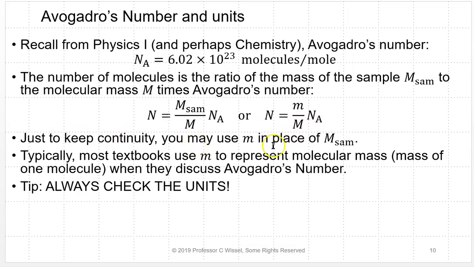Just to keep continuity, you may use little m in place of MSAM. Unfortunately, this is another overused symbol. It stands for mass, it stands for molecular mass, it stands for meters, so it's a pain. Typically, most textbooks use little m to represent molar mass, which is the mass of one molecule, when they discuss Avogadro's number. The way out of this situation is to always check the units.